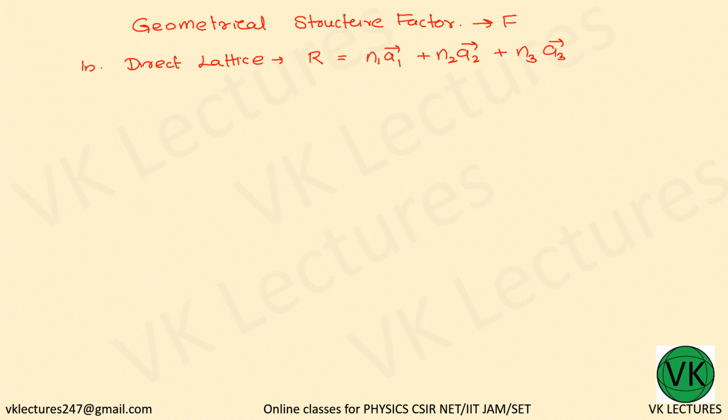Okay. Now in the reciprocal lattice, we have G is equal to h b1 plus k b2 plus l b3.